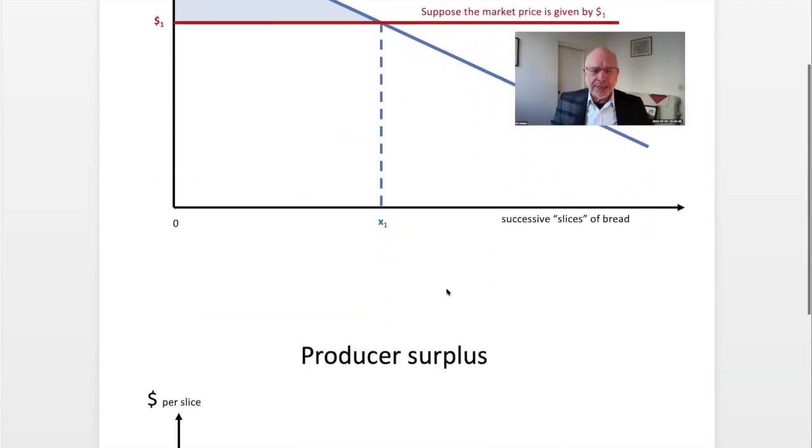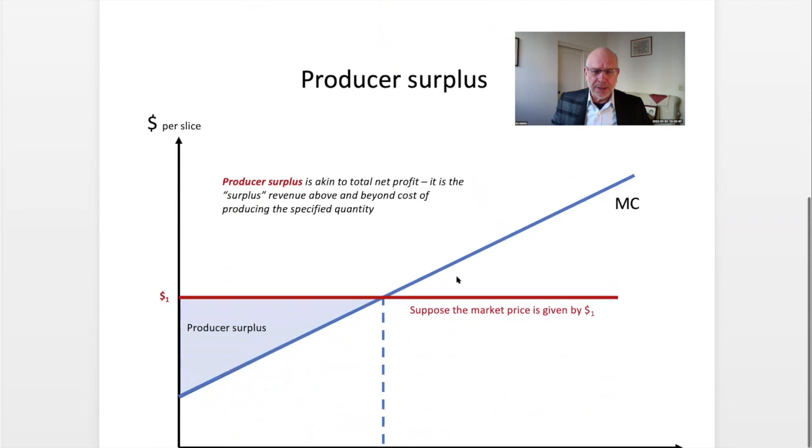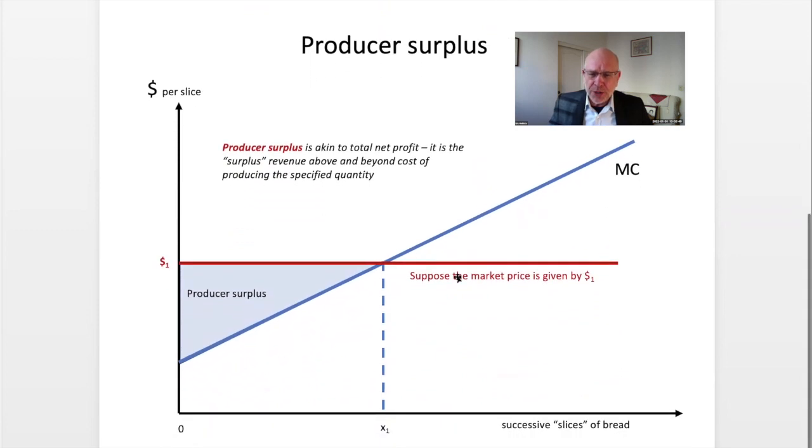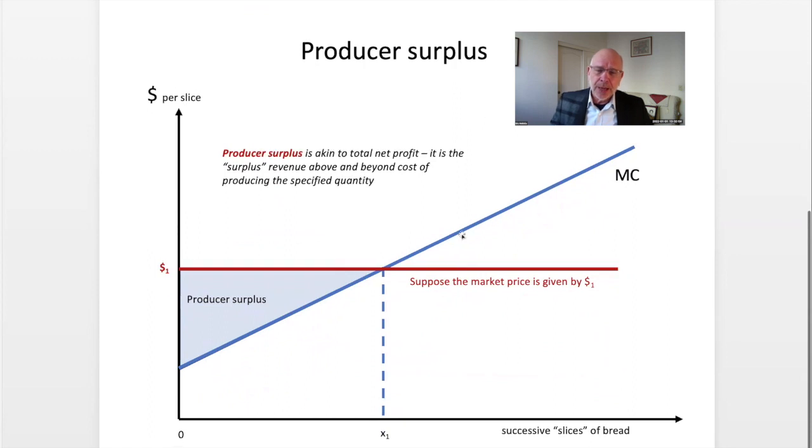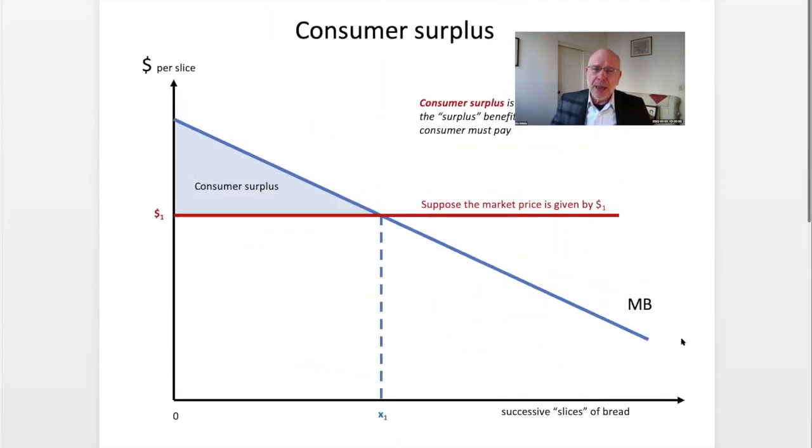A similar idea applies to producer surplus, if we've got a marginal cost curve, which functions as a kind of supply curve in this context. And by the way, in this context, this marginal benefit curve is functioning as a demand curve.